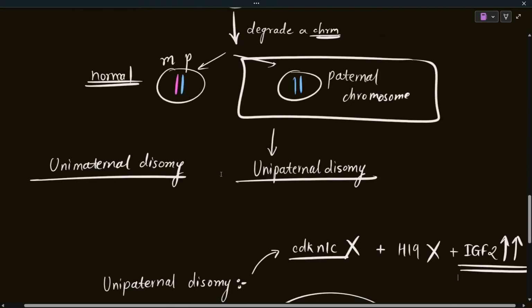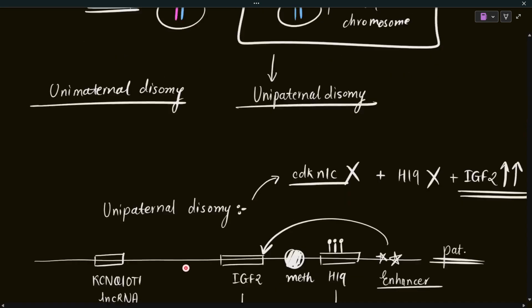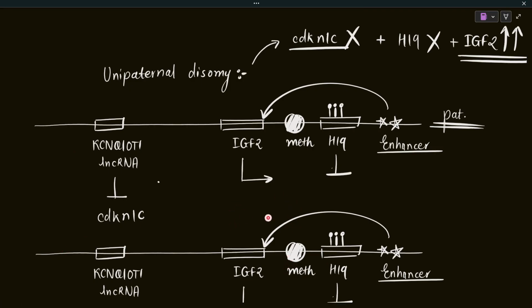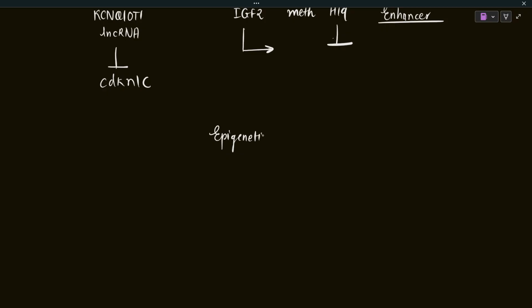The other epigenetic cause for this syndrome is unipaternal disomy, which will result in the inheritance of two paternal alleles instead of a maternal allele and a paternal allele. So the epigenetic causes are: first, certain DNA methylation abnormalities, or second, unipaternal disomy.